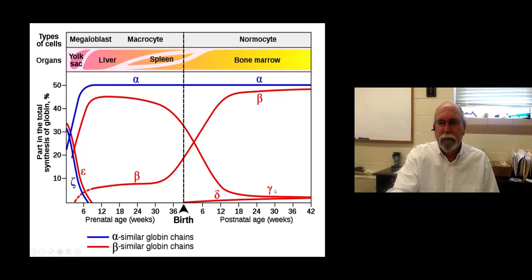Interestingly, some of these embryonics, which are falling down here and decreasing over the first year of life, but usually within 6 months or so, in individuals who have things like sickle cell anemia, these actually provide protection because they're not attacked in the same way and they can carry oxygen in different ways.